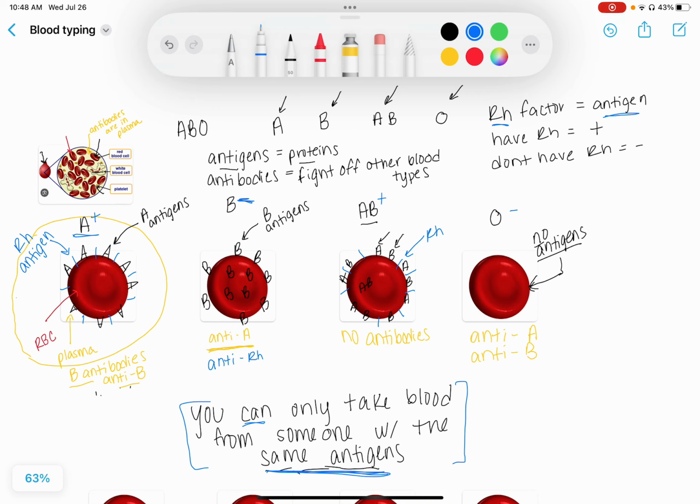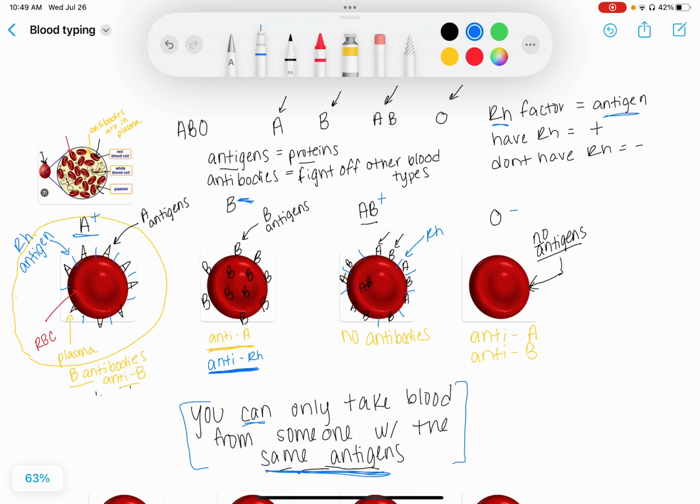Meaning, if you try to give this person B positive blood, they cannot take it because they don't have the Rh antigen, because they are anti-Rh. They have antibodies to fight off that Rh antigen.